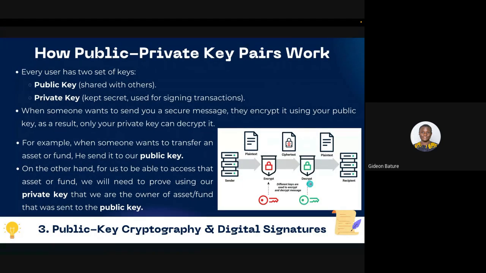If truly that thing is signed with your public key, your private key should be able to decrypt it. If it's not signed with your public key, there's no way your private key can decrypt it. You decrypt it back to plain text, and that is only when you can actually get whatsoever is being sent to you. So any question?